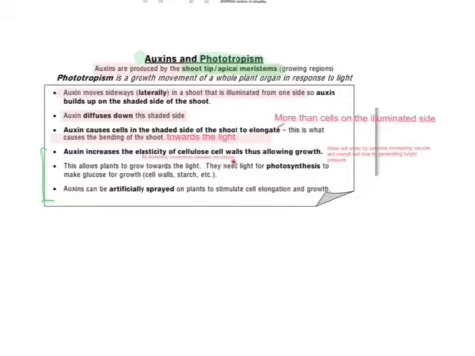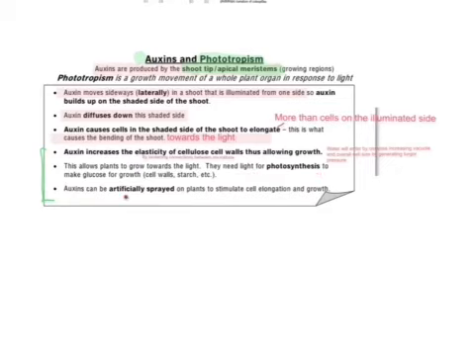So if we loosen those, there's going to be a water potential gradient, water's going to enter, and the whole cell swells up due to water entry into the vacuole by osmosis. And it's more of that happening on the dark side that causes it to bend towards the light. Why would you want it to bend towards light? Well, they want you to say, just like GCSE, greater absorption of light, greater photosynthesis.